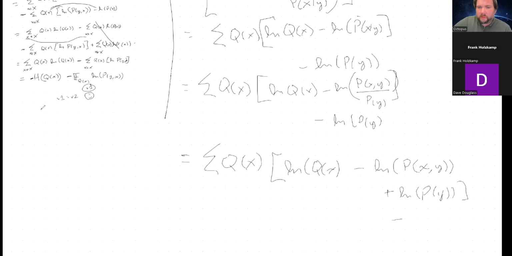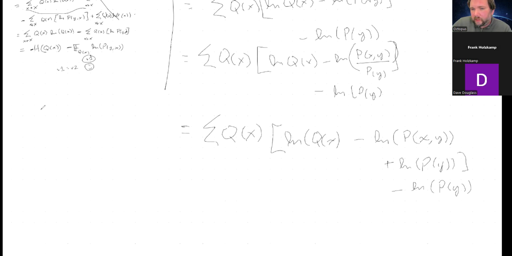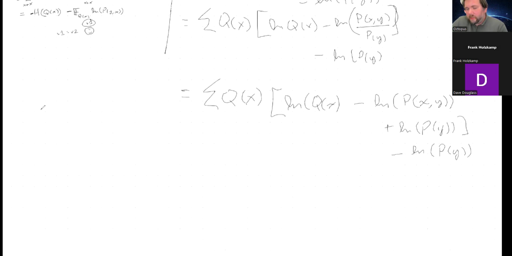Now, if I were doing this for a regular class, I would have people who wanted to just go ahead and cancel these two natural log of p of y terms, and that's not going to work. So what we need to do is take this q of x and distribute it through everything. And while we're doing that, we can go ahead and split the sums up.